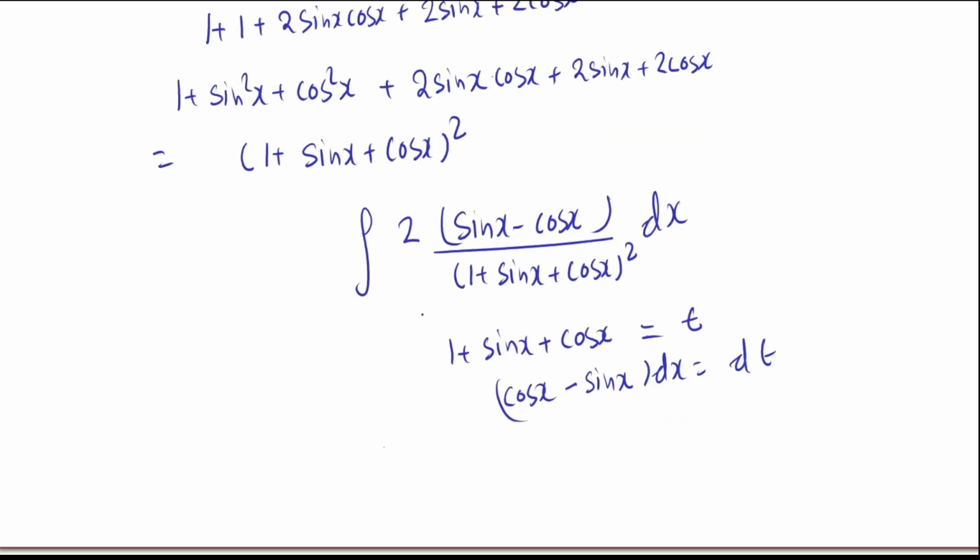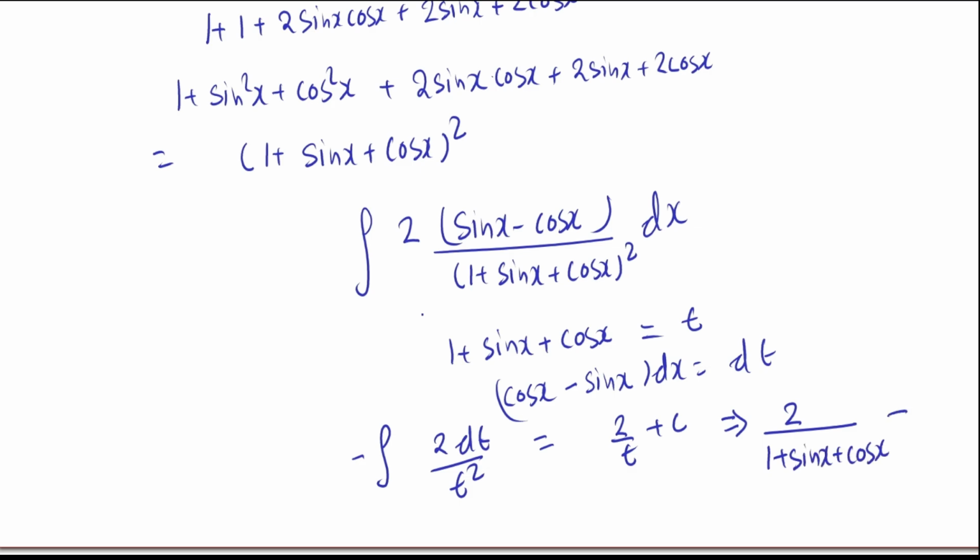So this is basically minus 2 dt over t square, right? And this is basically the integral of 2 upon t plus c. So this integral is 2 over 1 plus sin x plus cos x plus c.